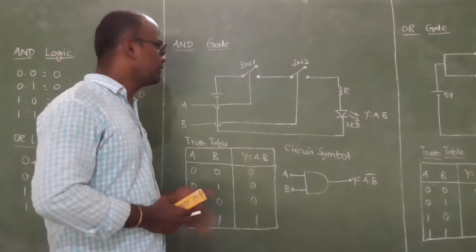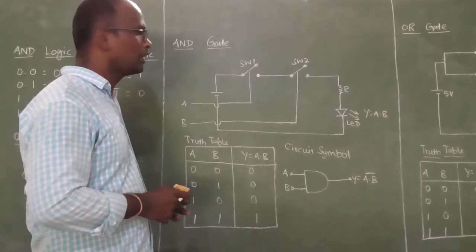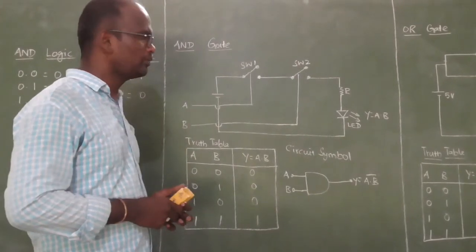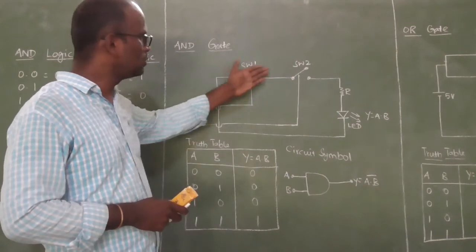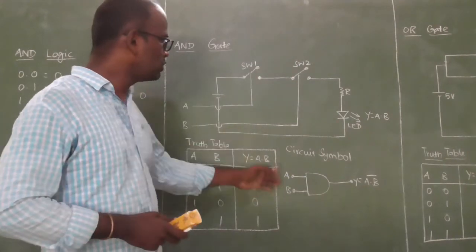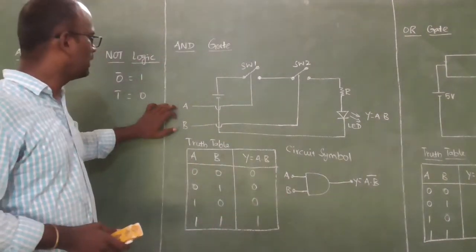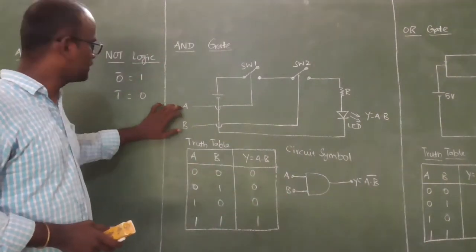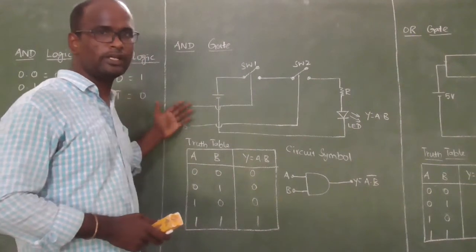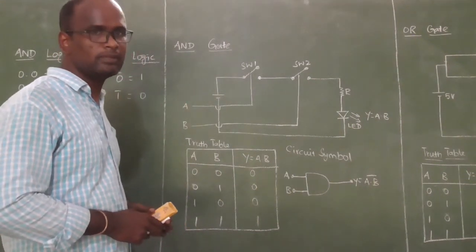This is the design of an AND gate using two switches. That means the two switches refer to two inputs. The AND gate contains two inputs known as A and B. These are the literals, and literal means binary variables.